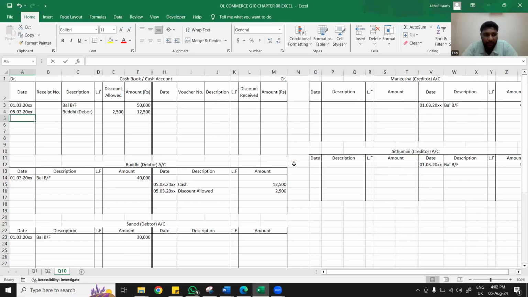The date is 8/3. 9,500, Sanoth, 9,500. Now switch the names. Here you can write cash, and here you can write Sanoth. 8/3/20XX.